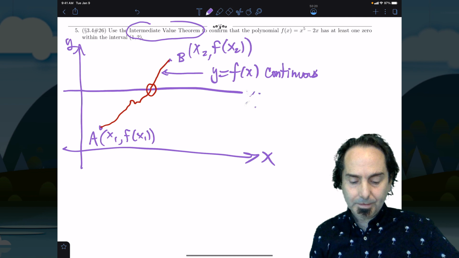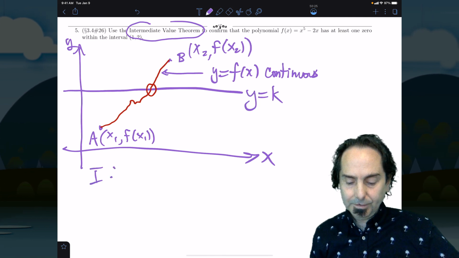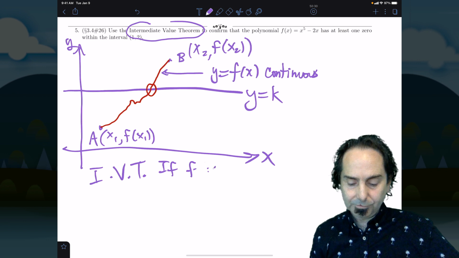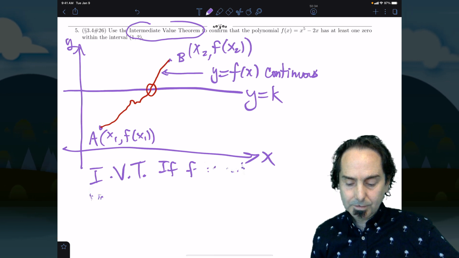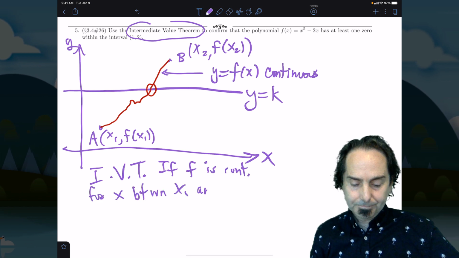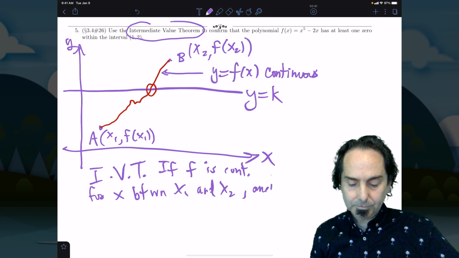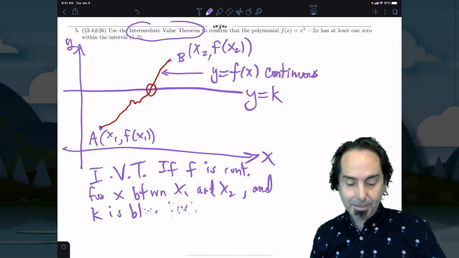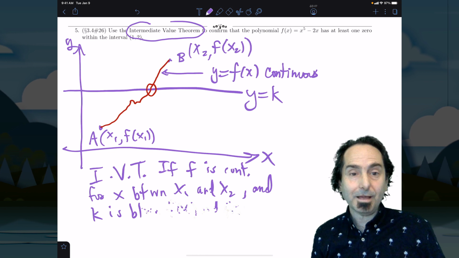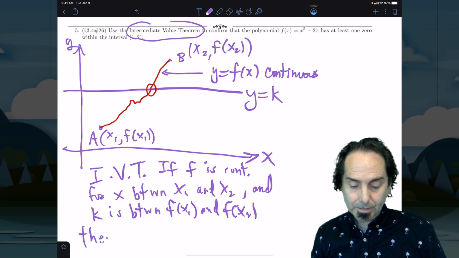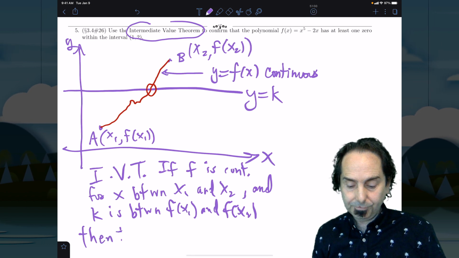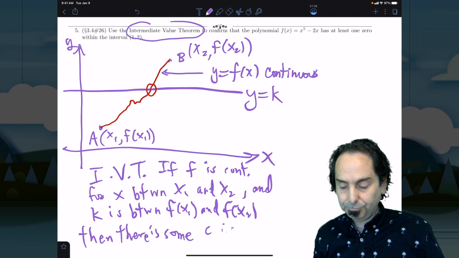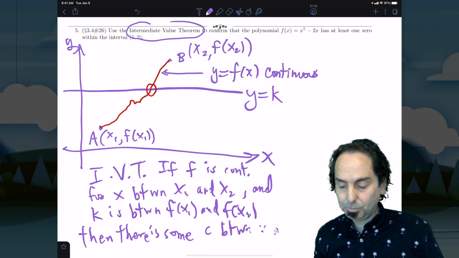And the statement of the intermediate value theorem says that if f is continuous for x between x1 and x2, and k is between f of x1 and f of x2, if k is intermediate between those two y values, then guaranteed by the intermediate value theorem, there is some x value c between x1 and x2, so that f of c is equal to k.